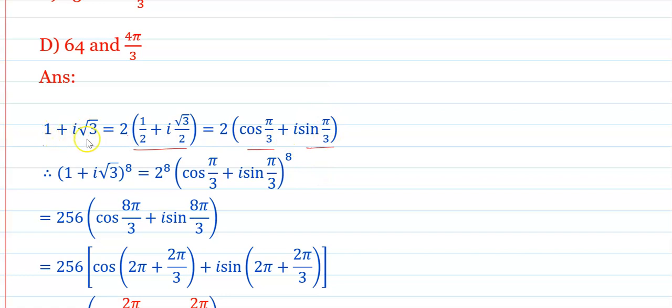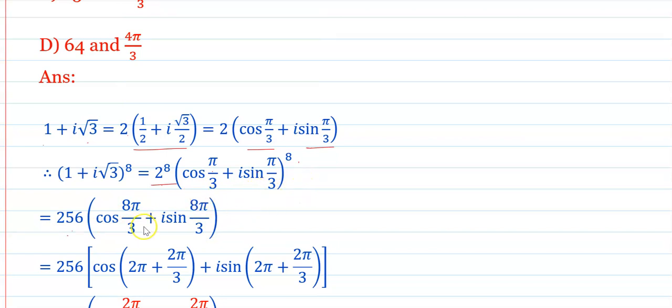That is, 1 plus i root 3 bracket raised to 8 means 2 raised to 8, cos of pi by 3 plus i times sin of pi by 3, bracket raised to 8. Multiplying by 8, 2 raised to 8 means 256, cos of 8 pi by 3 plus i times sin of 8 pi by 3, by using de Moivre's theorem.